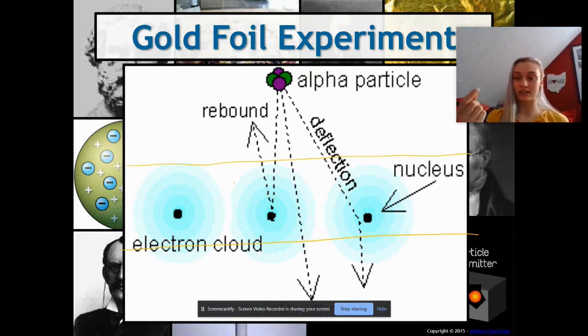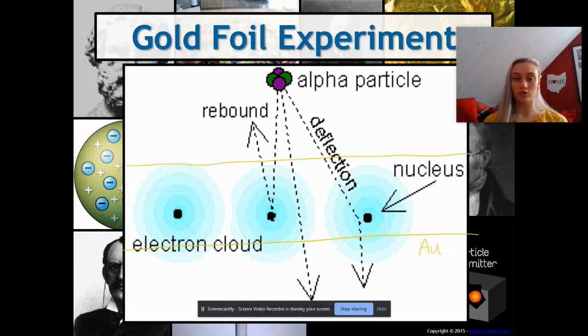Okay, so he has the gold foil, the pure gold foil, and gold is AU. Yeah, I think it's AU. And so he has all these AU atoms in this gold foil, because that's what makes up gold. And that's what he's shooting these alpha particles at, okay?